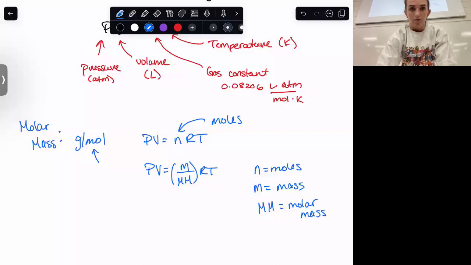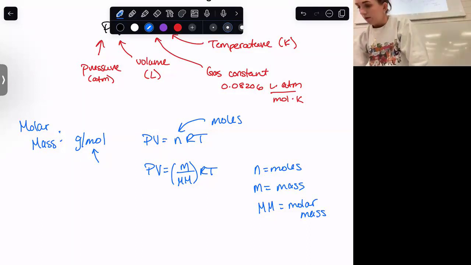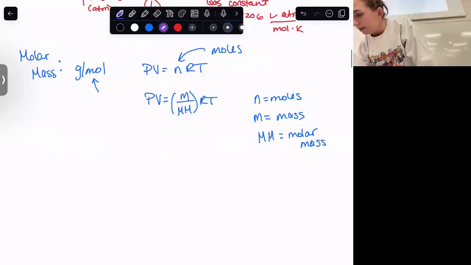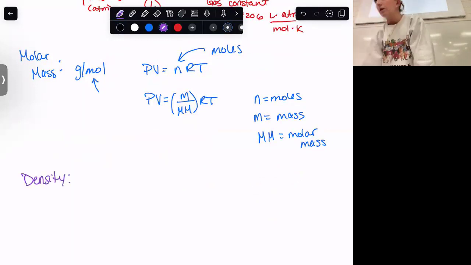And then if we're looking at density, what are the units of density? Mass over volume, yep.